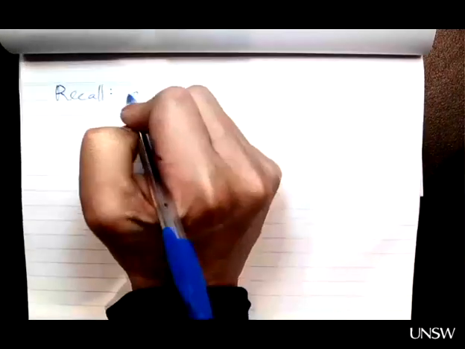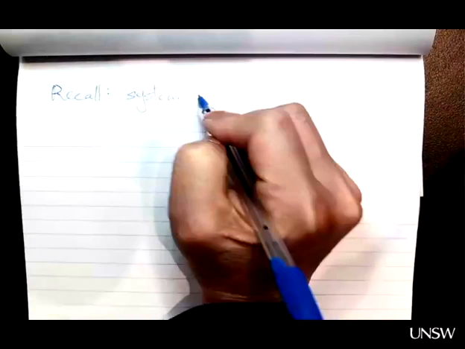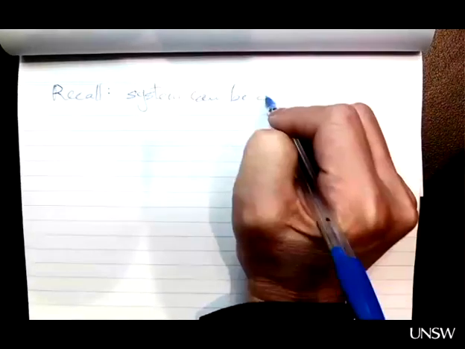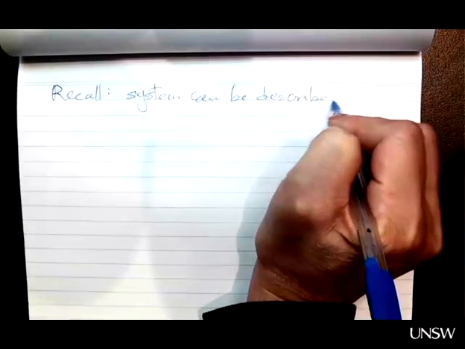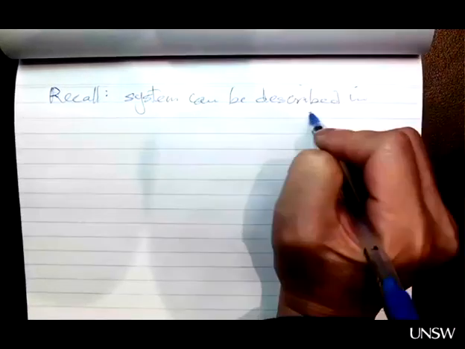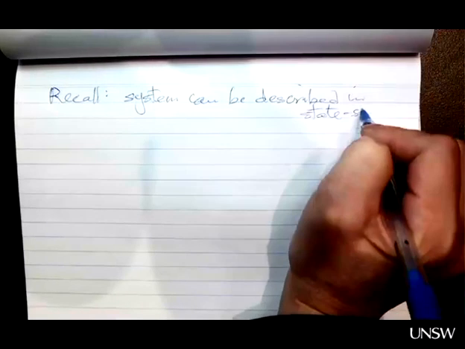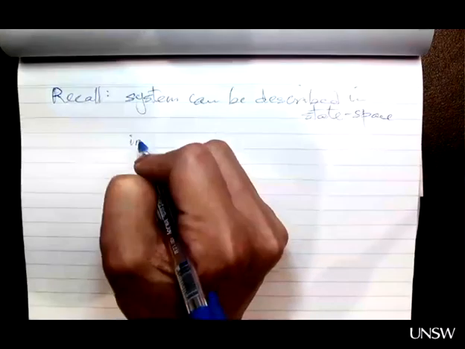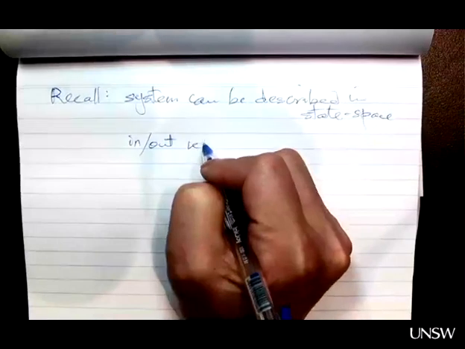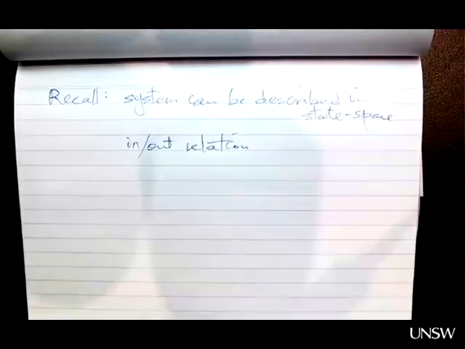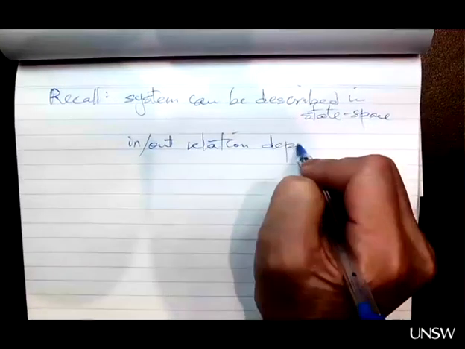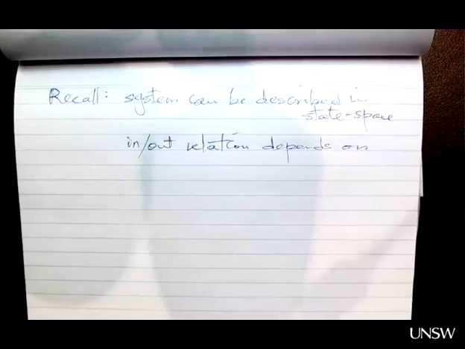That a system can be described in state space, and then the in-out relationship depends on the function.